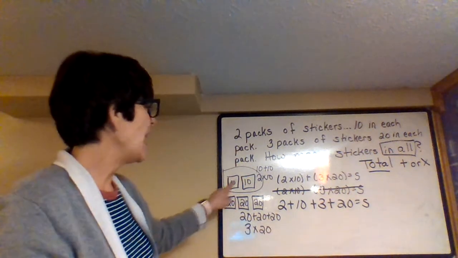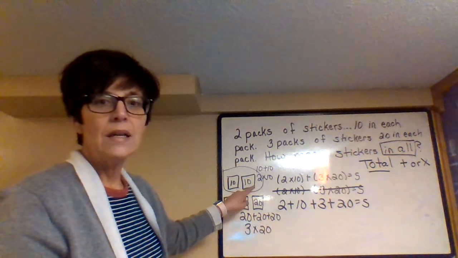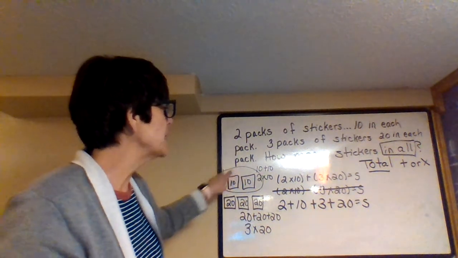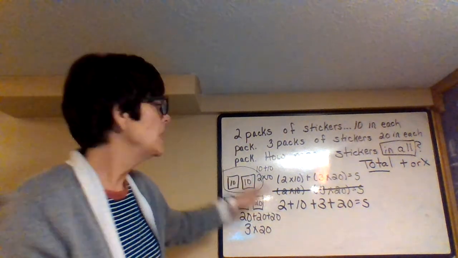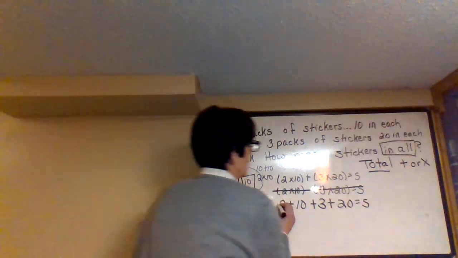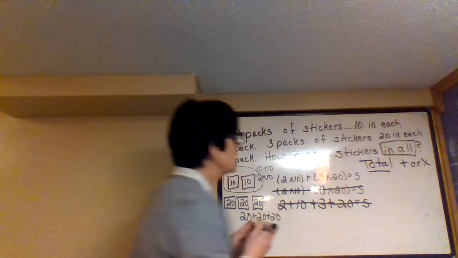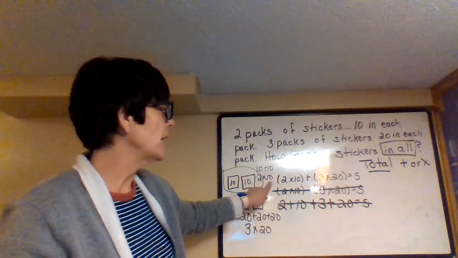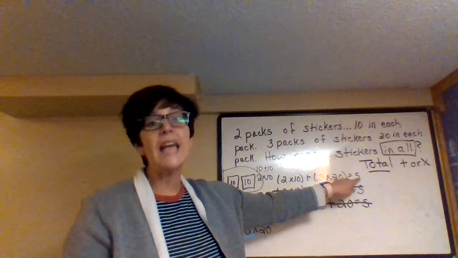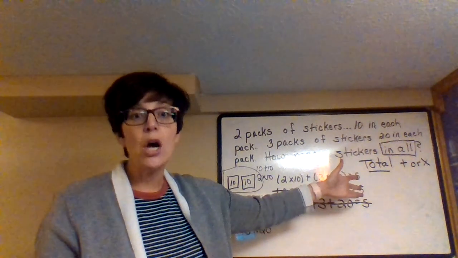Do I want to add all those numbers? No, because the 2 is showing me how many packs or groups, and the 3 is showing me how many packs or groups. So it looks like I want to solve it this way: 2 times 10 plus 3 times 20 gives me S, or stickers, that unknown variable.